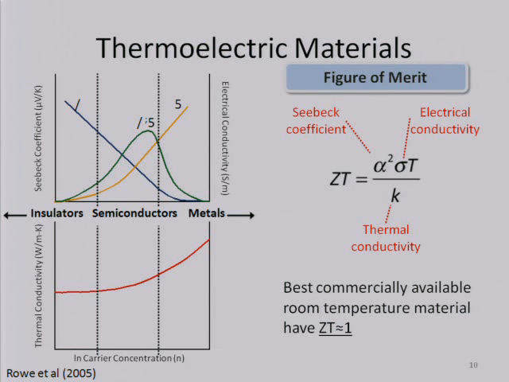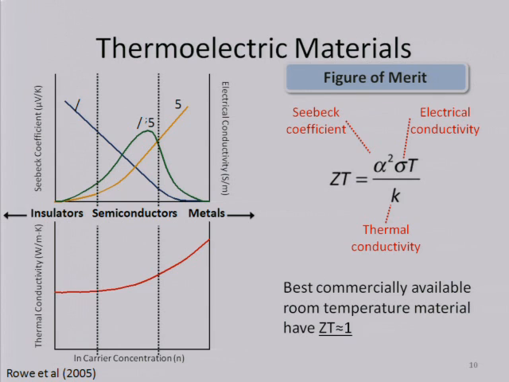You'd also like the electrical conductivity to be as high as possible, because when you start draining power from this thing, you don't want there to be a significant internal resistance. And you'd like the thermal conductivity to be as low as possible, because that means there is less dissipation of heat through this device, and therefore less tendency for the hot side to cool and the cool side to heat. And the best commercially available materials at room temperature have a ZT of the order of about 1.